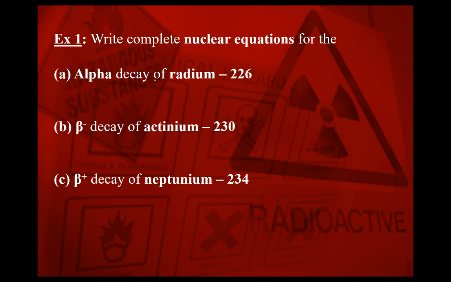Okay, so let's do alpha decay of radium-226. Radium has an element symbol of Ra, I believe. And radium is, I'm going to try to locate it here. Which atomic number is radium?